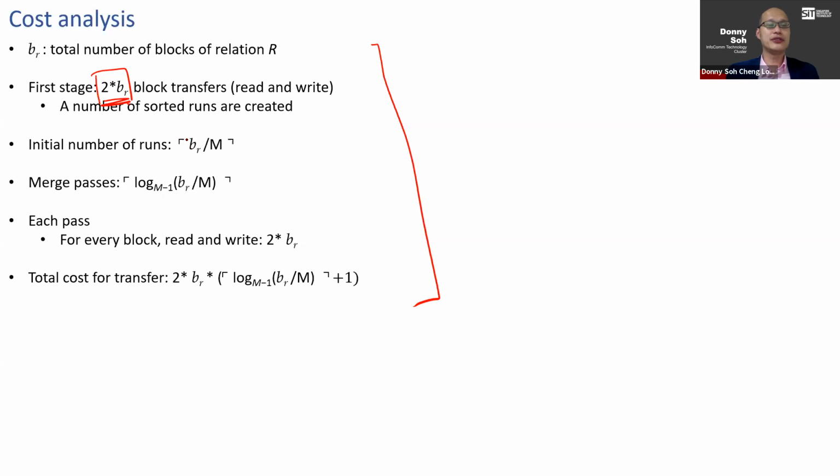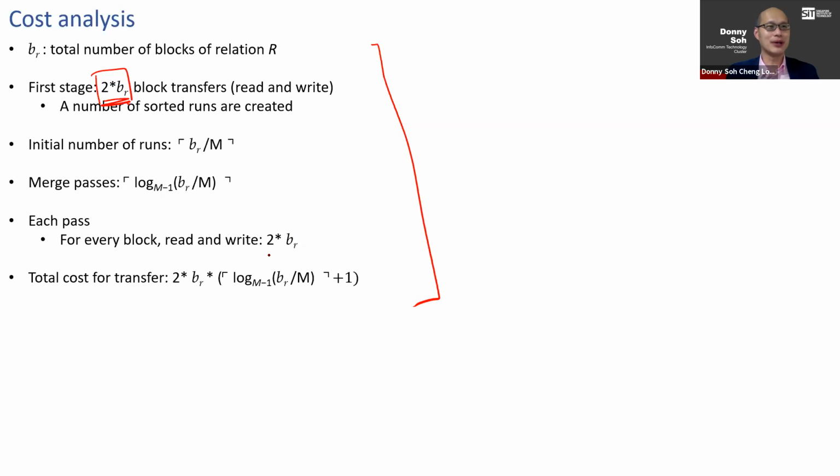The number of runs that is created is the number of blocks divided by the number of blocks that can be held in memory. And then again, we do the log. This is similar to your normal tree height algorithm.